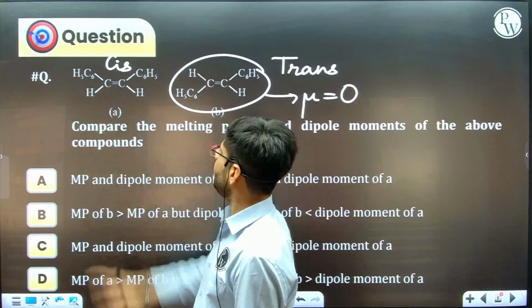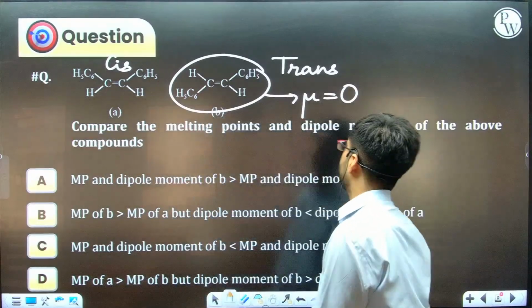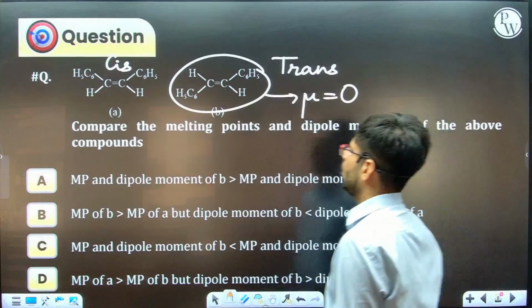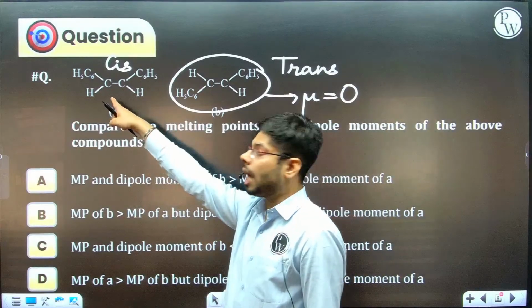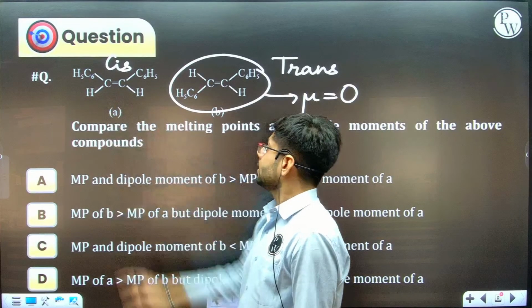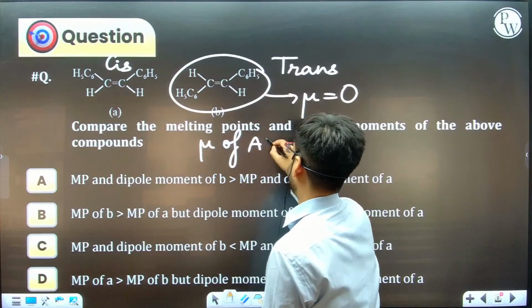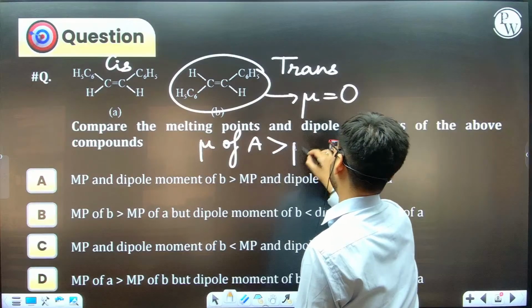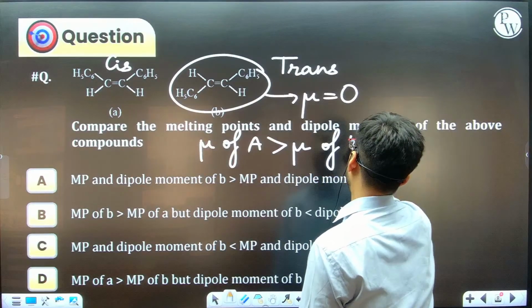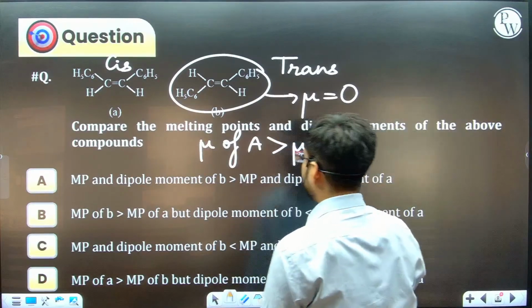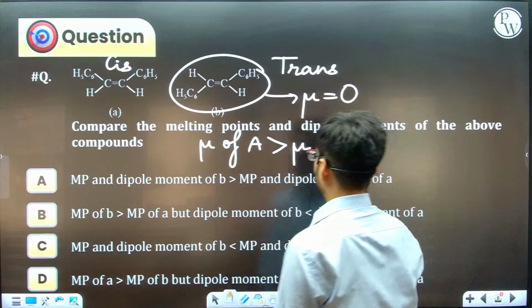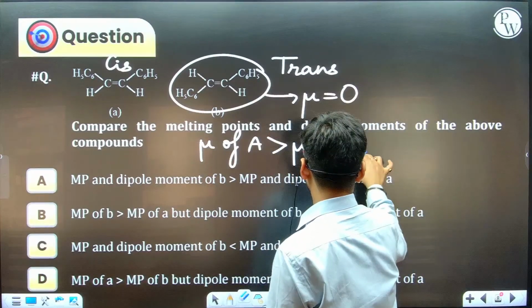That means the dipole moment of A is higher than the dipole moment of B, because here cancellation is not happening. So the dipole moment of A is higher than the dipole moment of B, but the melting point of B is higher than the melting point of A.